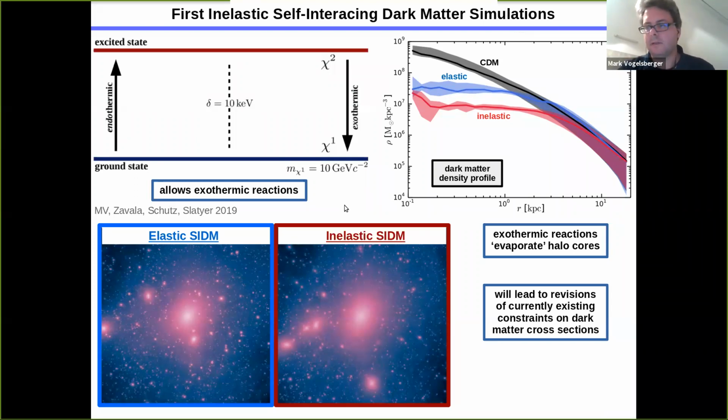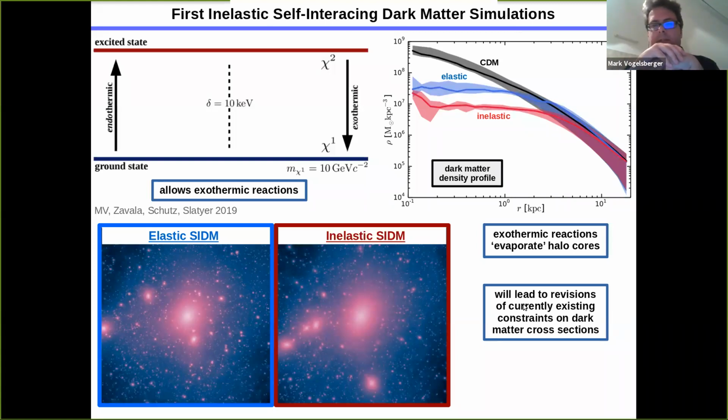The last thing, I'm sorry, I will finish in a second. Given this impact on the density profile, if you have a significant inelastic component, it will also lead to some revisions of constraints on dark matter cross sections.